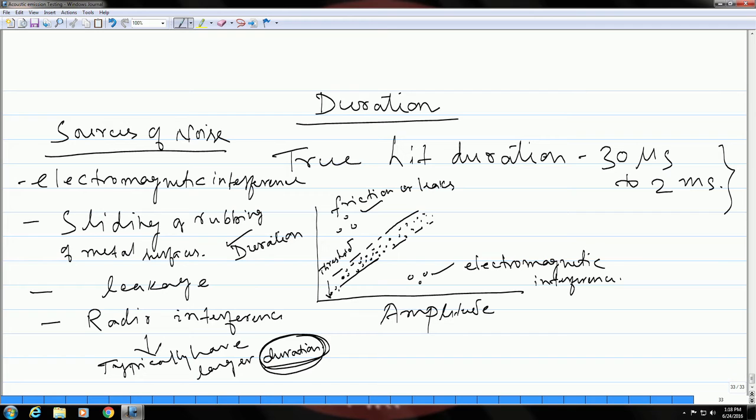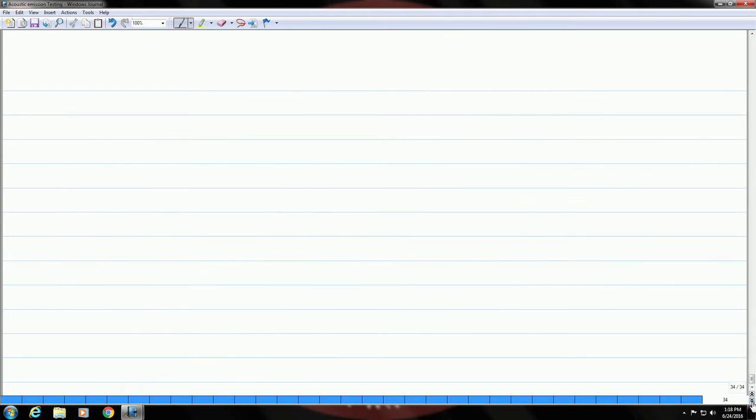And finally, we will talk about one more aspect of this technique, which is about source location. This technique is primarily qualitative. It does not give you any quantitative information as to where exactly the source is located, how big the source is, and so on.